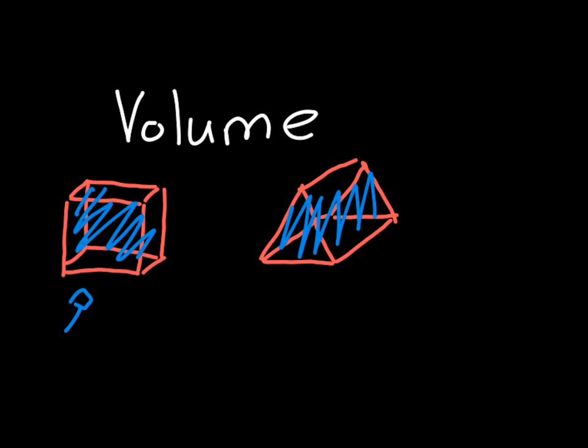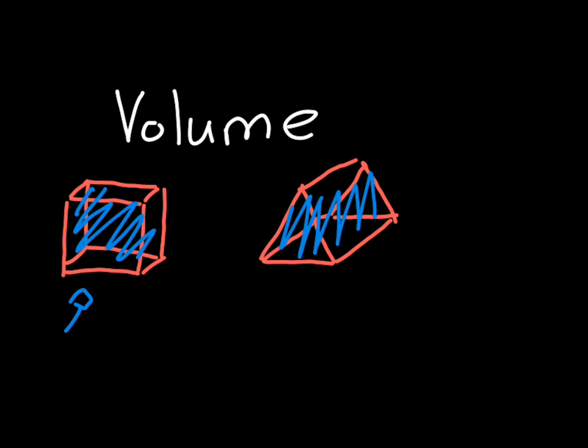How much can it hold? This is very similar to the calculation we used when trying to find out the area. However, we now have an extra dimension, the height.